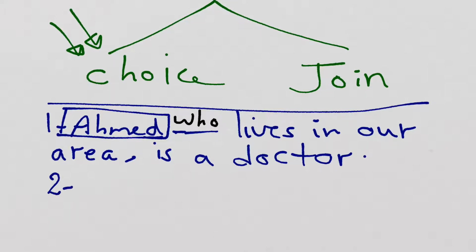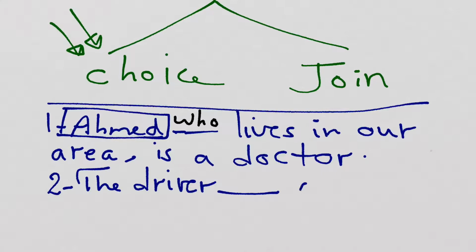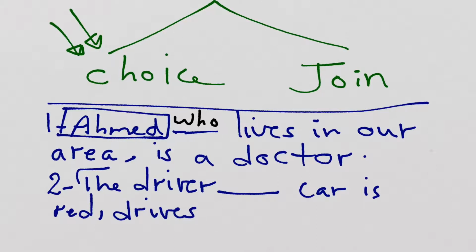Now, the man or the driver, this is sentence number 2. Space, car, is red, drives fast. When you look at the first time, you may think that we are going to use who as driver. We consider him people.